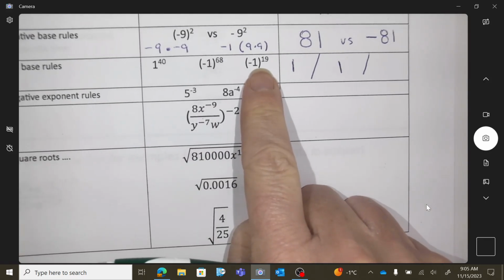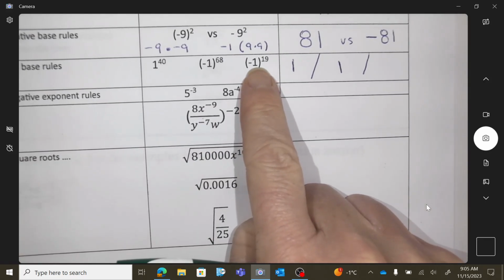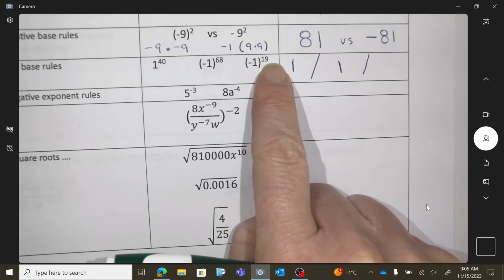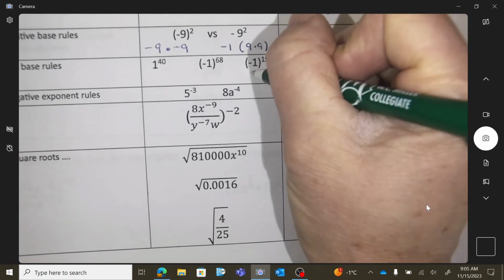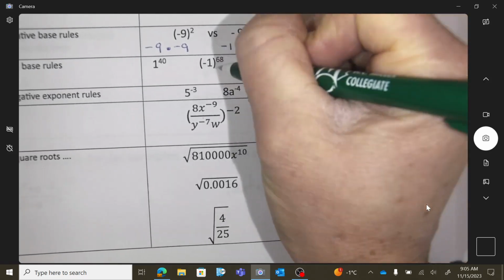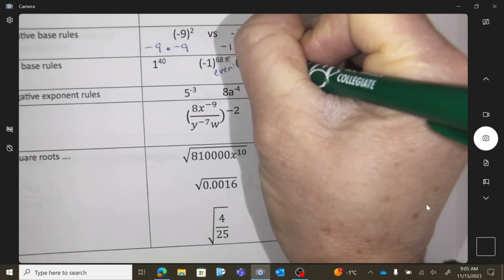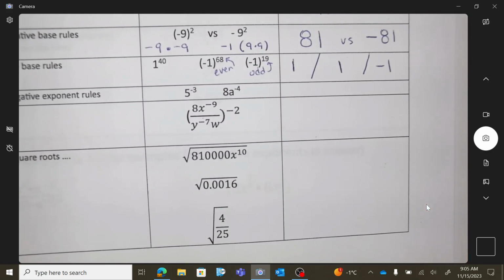And then here, if I repeat negative 1, negative 1, negative 1, this is an odd number, negative 1. Okay, so those ideas will be on your test as well.